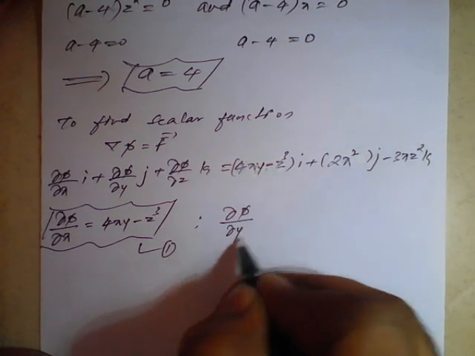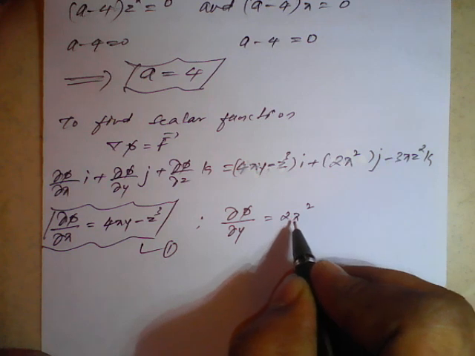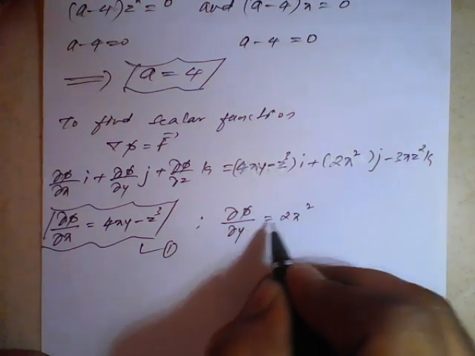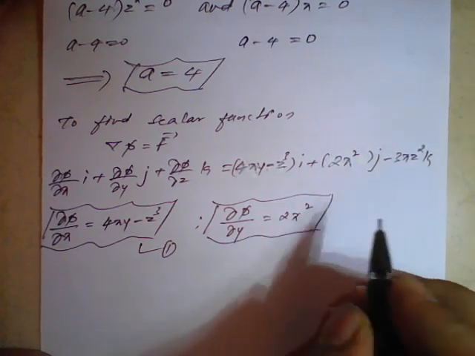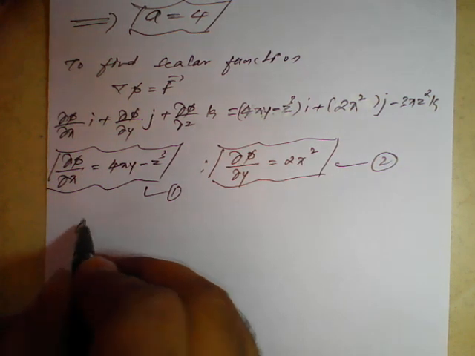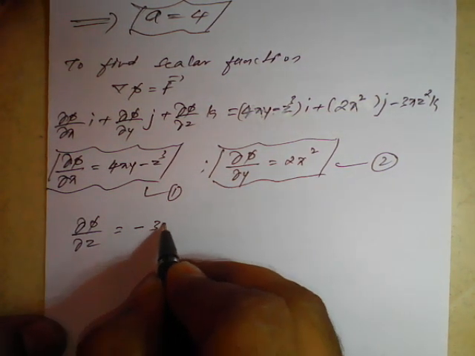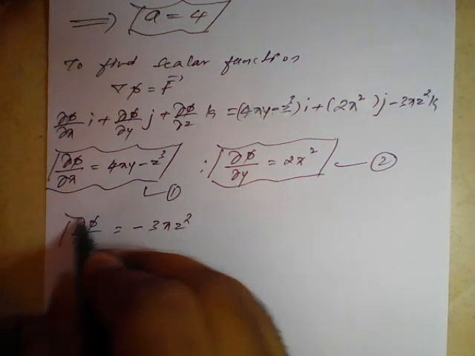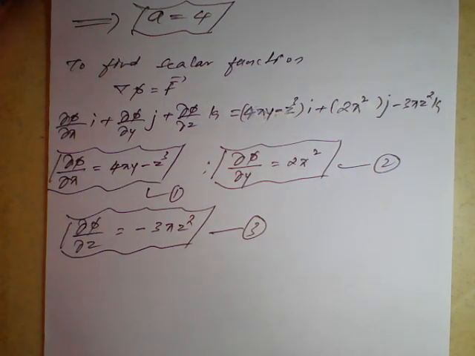Dou phi by dou y is equal to the middle term with respect to j, that is 2x square, equation number 2. And similarly with respect to k, we'll get dou phi by dou z is equal to minus 3xz square, equation number 3. Now we'll integrate equations 1, 2, 3 and we'll find the scalar function.